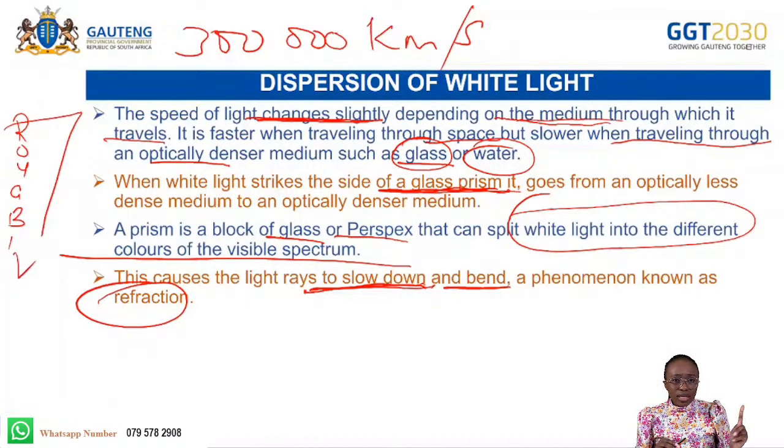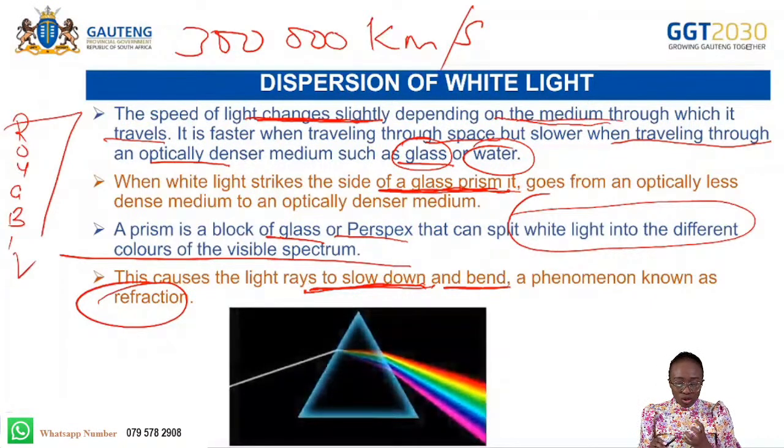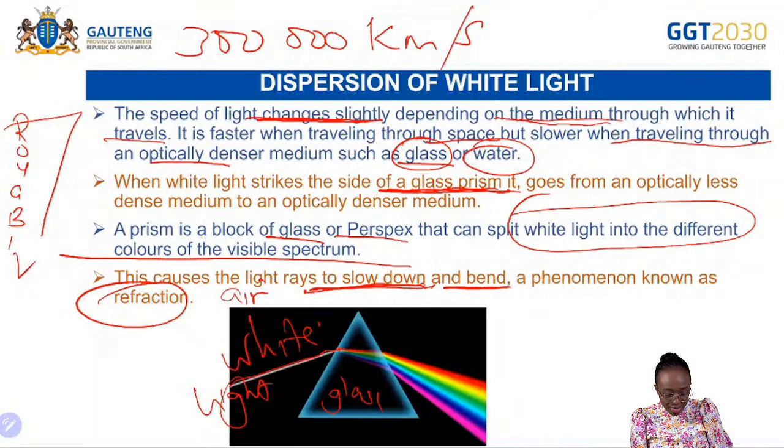All along the white light has been traveling in air. Now it's traveling through a denser medium. It's going to bend. So this is our white light traveling in which medium? Air. And then it reaches this medium, glass, slows down and bends.